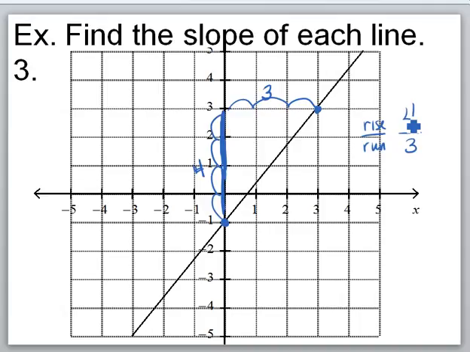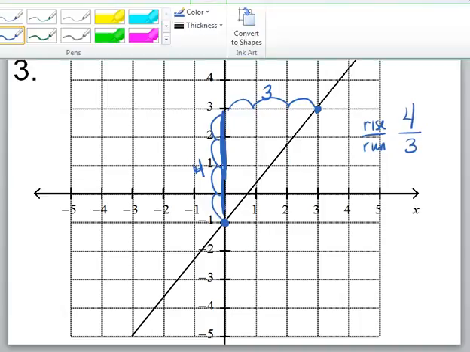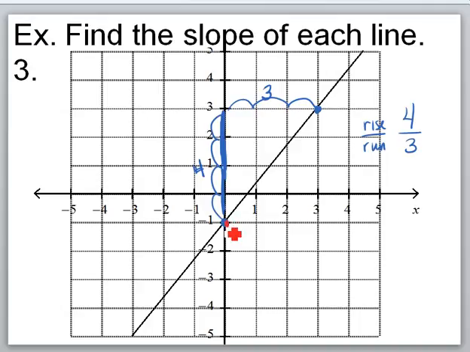Now, what if you would have used different points? Maybe you use this point and this point down here. Well, you still get the same answer. How do you get from this point to this point? You could start down here, or you could also start here. And you could say, I'm going to go down 1, 2, 3, 4.